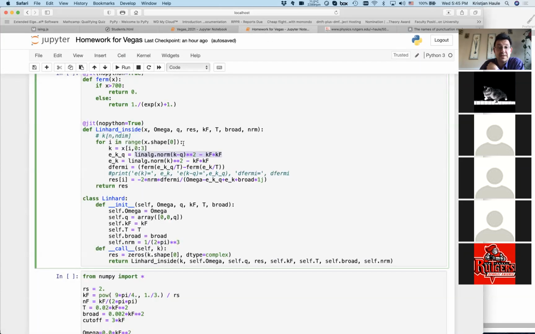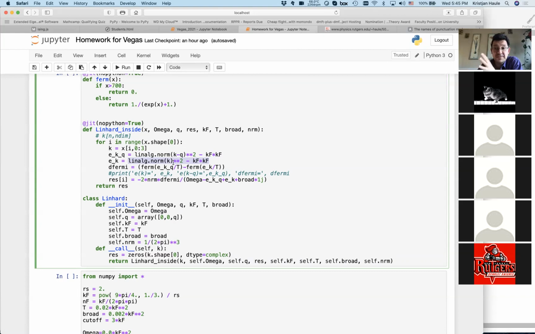So how do we calculate this k square minus kf square? Well, we can use norm from linear algebra. In NumPy there is a linear algebra package which contains norm of k. So norm of k is the usual length of the vector, isn't it?